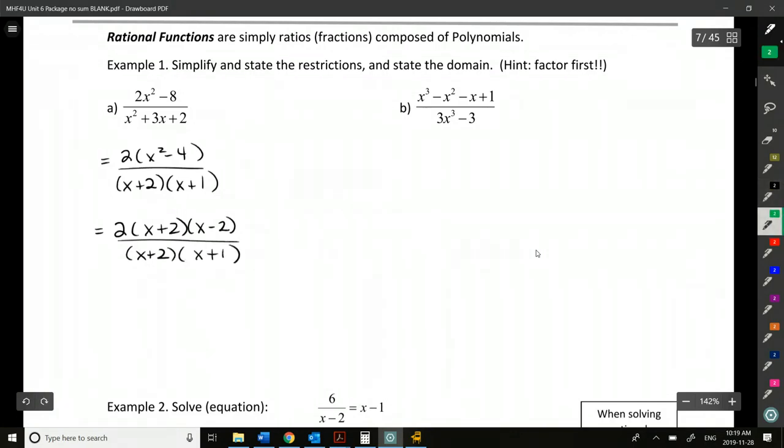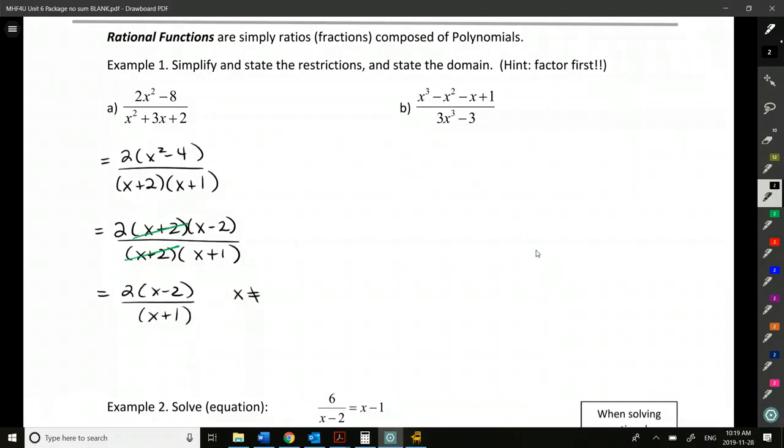And now that I have all multiplication with my rational expressions on top and bottom, I can actually cancel full expressions out, one on the top with one on the bottom. That does not mean that that is not a restriction. It just means it produces a different graphical restriction when I look at the function on a graph itself.